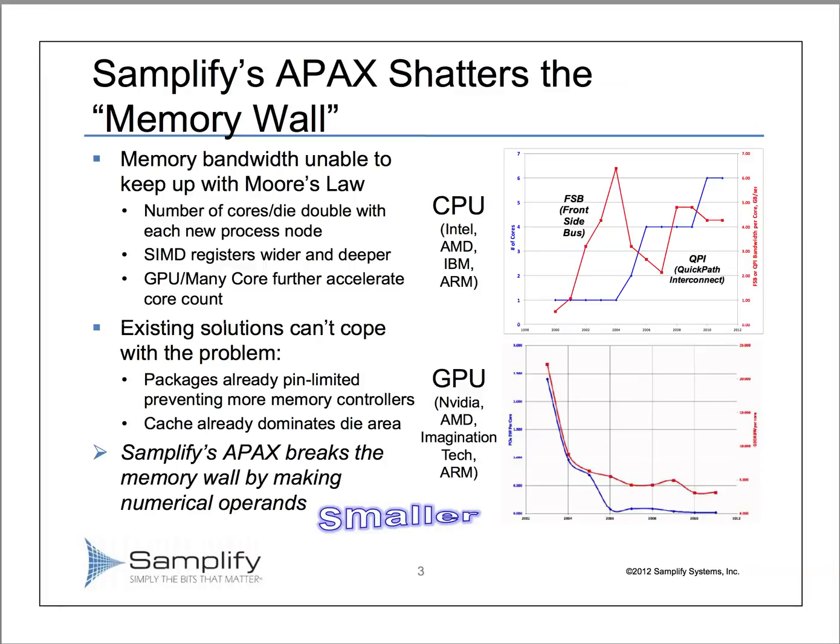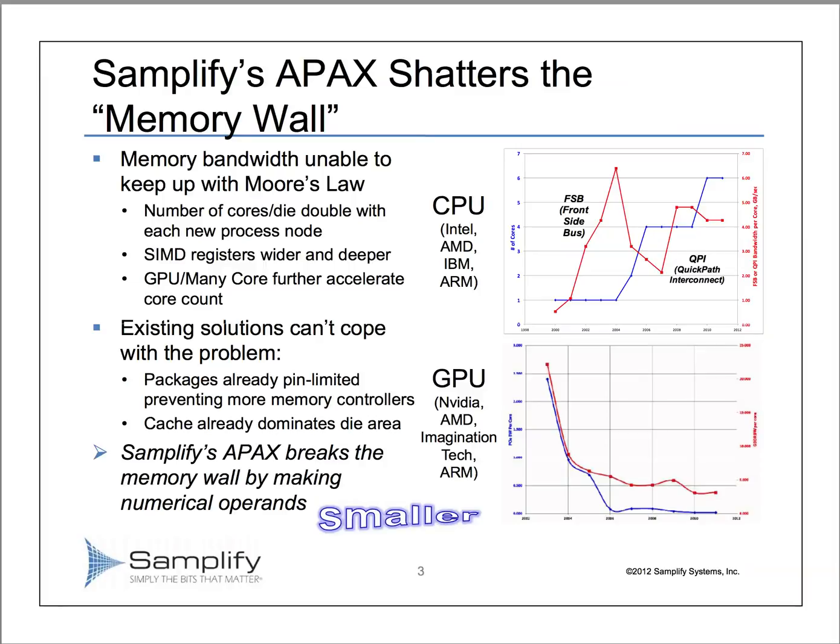In the lower right-hand corner, with Fermi, NVIDIA had 448 cores on the die and 384-bit wide memory. And going to Kepler, the number of cores has increased by a factor of 3 to 1,536, while the memory width has only increased to 512 bits.